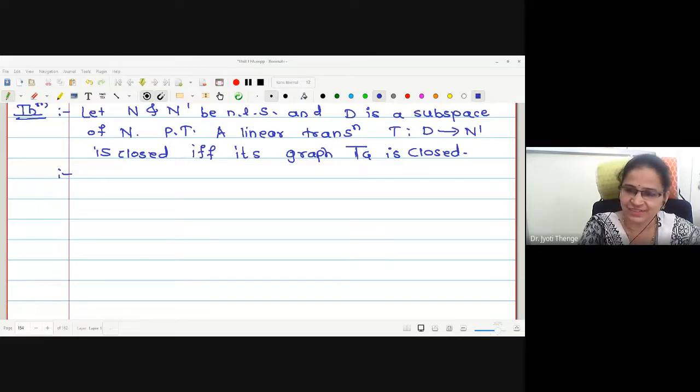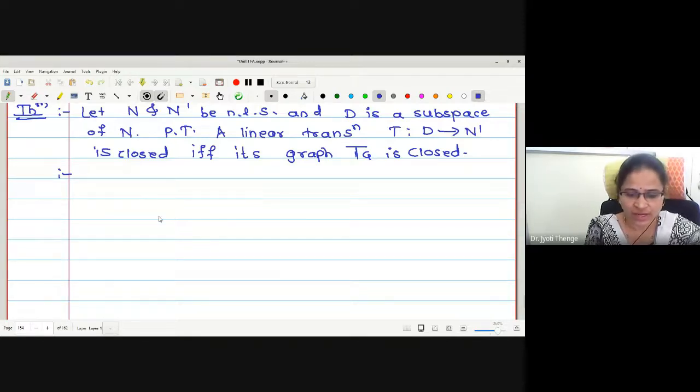Okay. Now we are going to build up the relation between the mapping being closed and its graph set being closed. Let us go for the first part. We will assume the mapping is closed and try to show the graph set is closed.